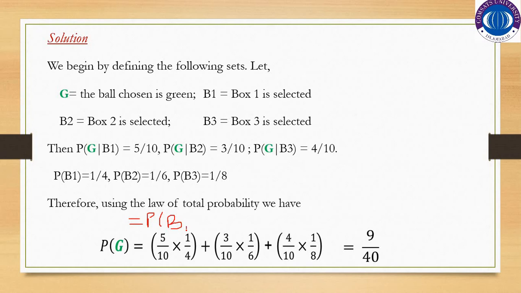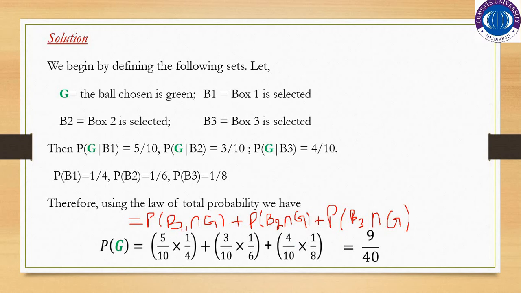Box 1 will be selected and green ball is coming, or box 2 is selected and green ball is selected, or box 3 is selected and green ball is selected.